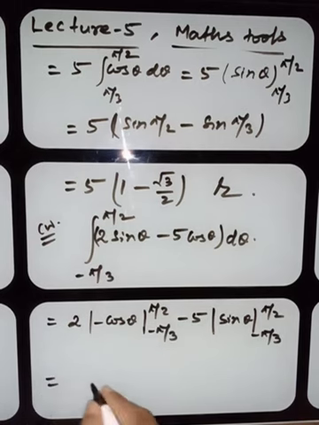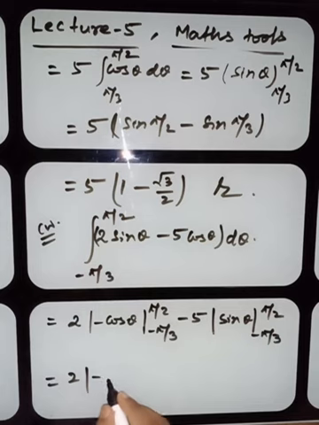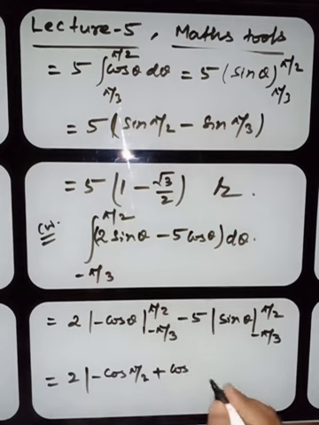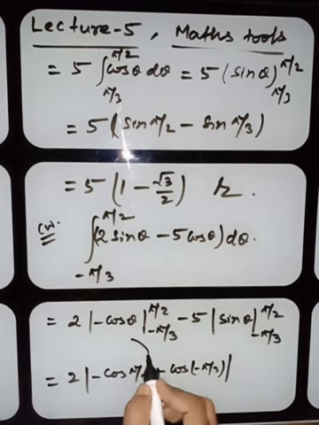Here 2, now we are putting the values: minus cosine of the upper limit pi by 2, plus the lower limit, cosine of minus pi by 3. All right. Yes, this is completed.